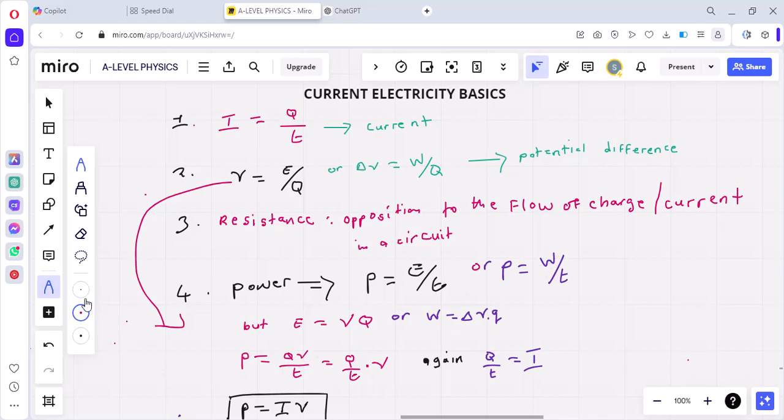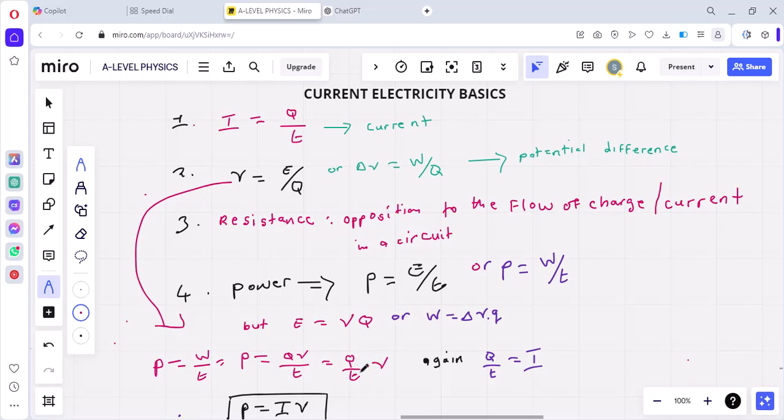Let me write it here. So we will have power, which is equal to W over T, that is work over time. Then for W, or for energy, we substitute this. So we have Q times V. Now we can also write this as Q over T times V. But what is Q over T?